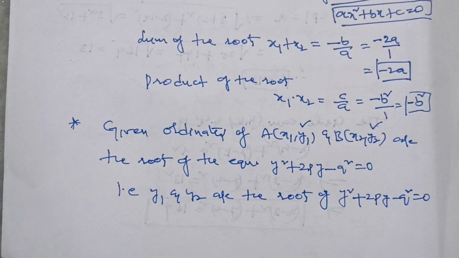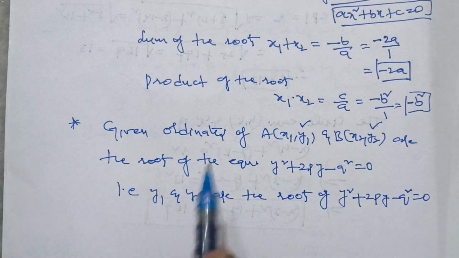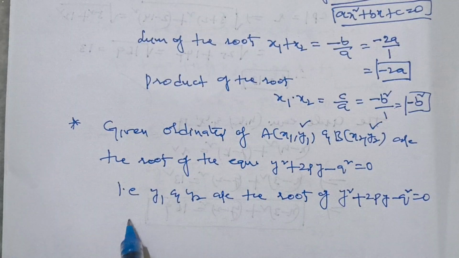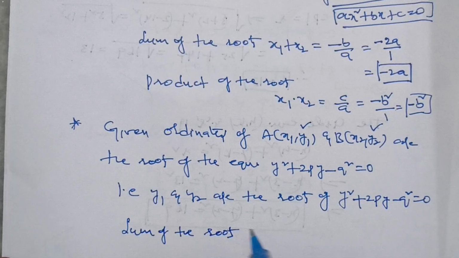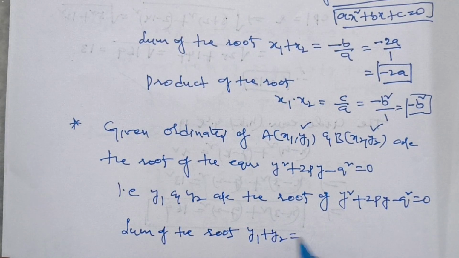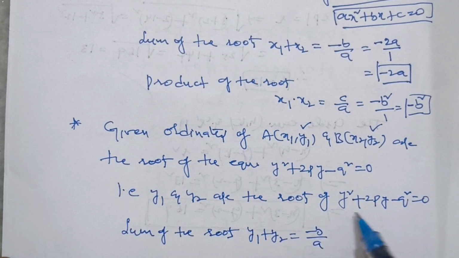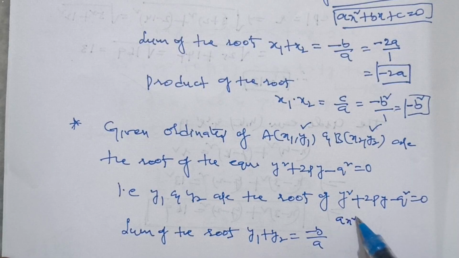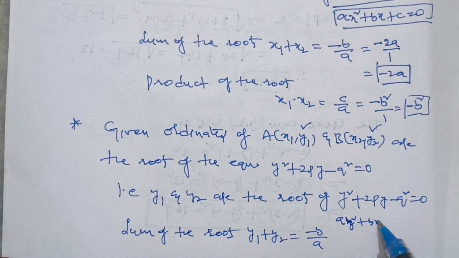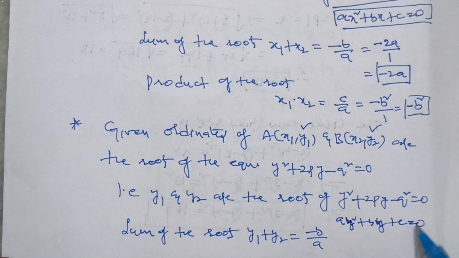Now apply the same formula as above. Sum of the roots: in this case, y1 plus y2 equals minus b by a. So compare this equation with the general form ay square plus by plus c equals 0.